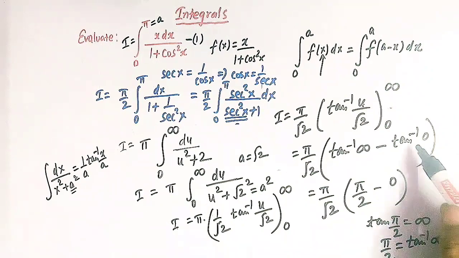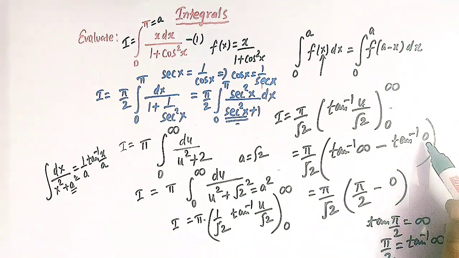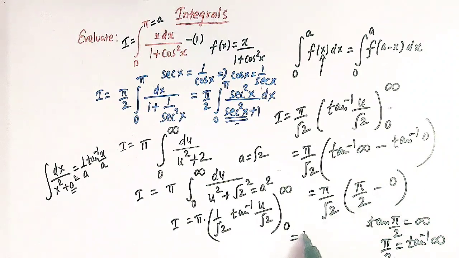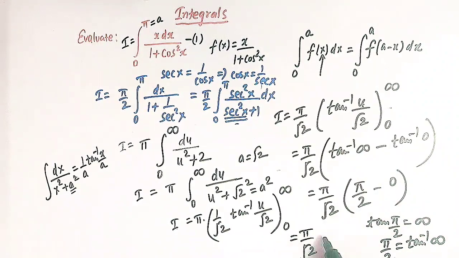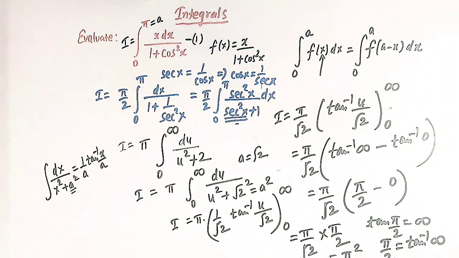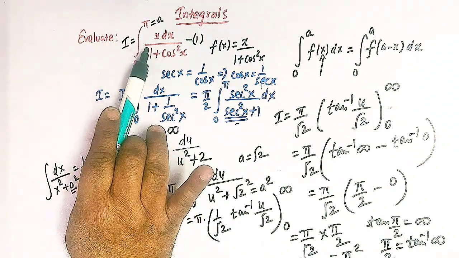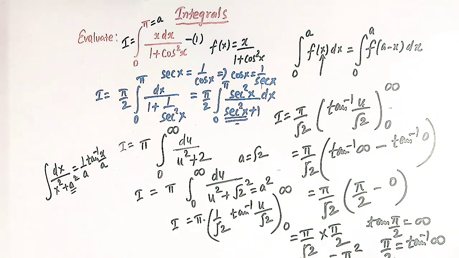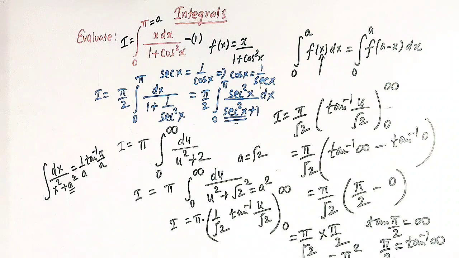And similar is the case with tan inverse 0. So now we have pi over square root of 2 times pi over 2. So we have pi square over 2 times square root of 2, right? So here's the value of this integral is equal to pi square over 2 times square root of 2.